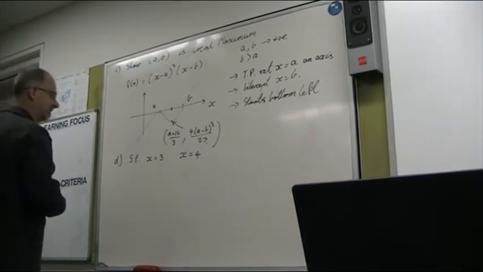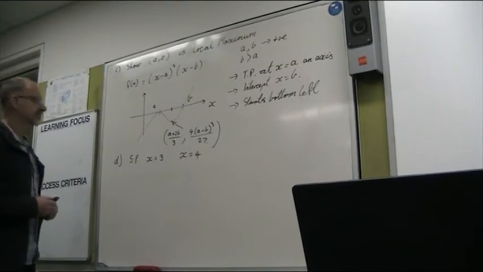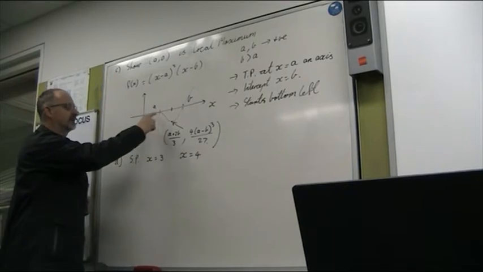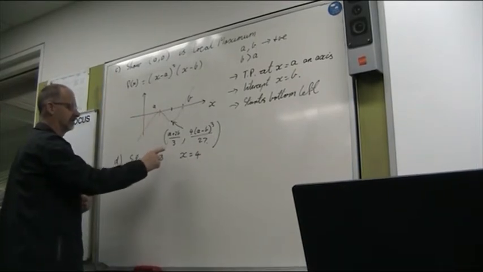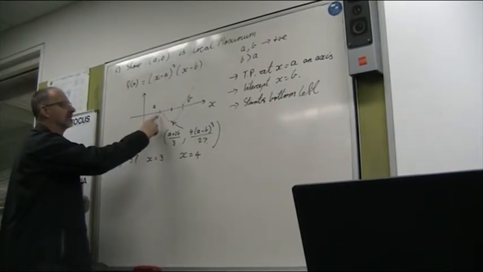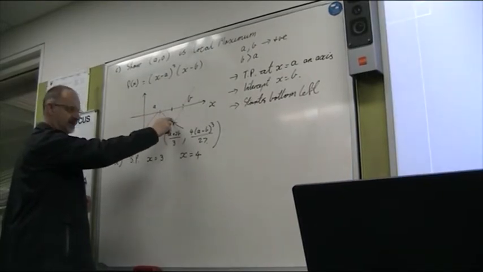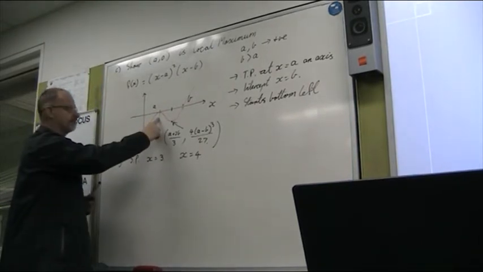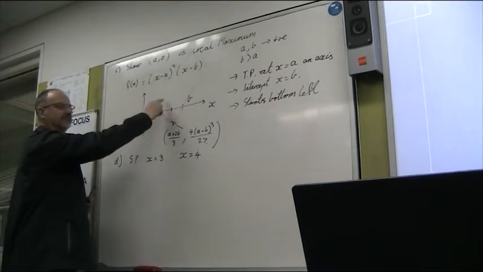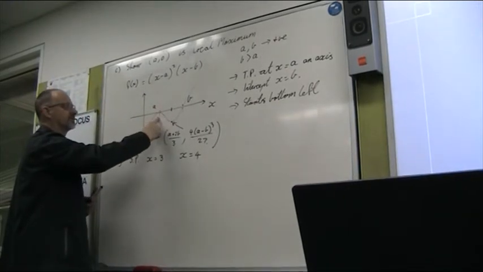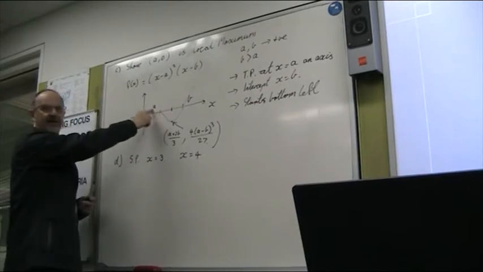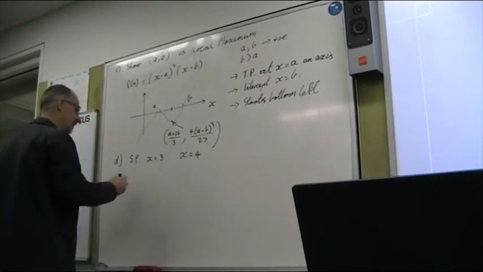So what does that mean? At the turning points, x equals 3 and x equals 4. So at this one here, if x equals 3 and that turning point is at x equals a, what does that mean about the value of a?